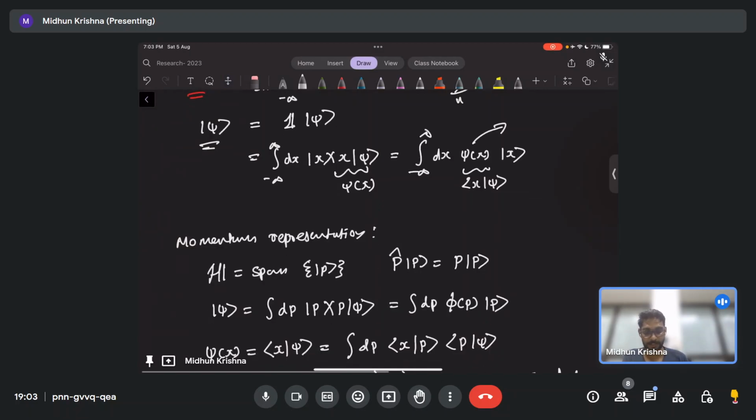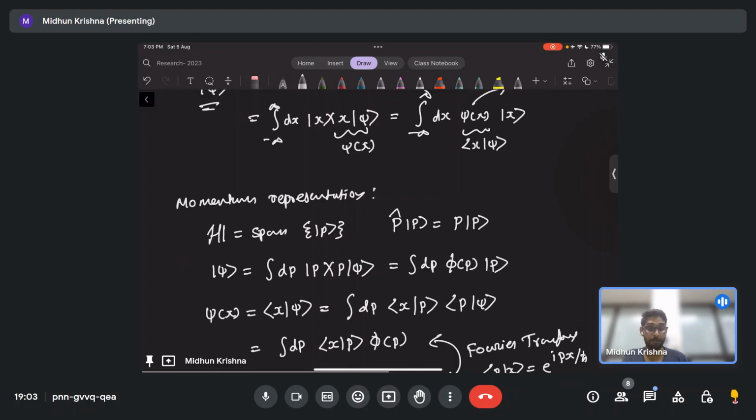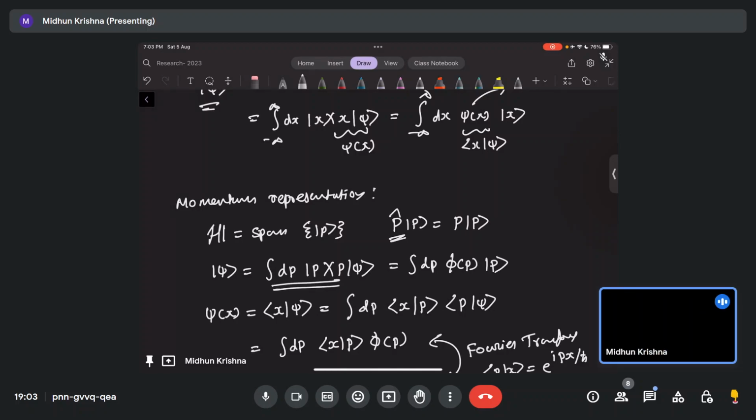Instead, if I chose momentum as a basis, I'm looking at eigenvectors of momentum, particles moving at a particular momentum, which I call eigenstates. These are eigenstates of the momentum operator, whatever that is. Using the above argument, the eigenstates of the momentum operator also form a basis, and hence I can put the identity here.